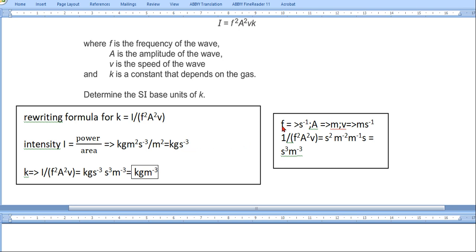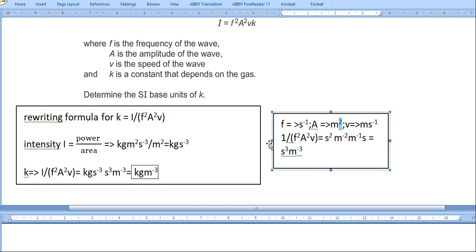On the other side, we find that frequency is second minus 1, area is meter squared. Here we have a mistake. Amplitude is meter, so squared it is meter squared, and velocity is meters per second.